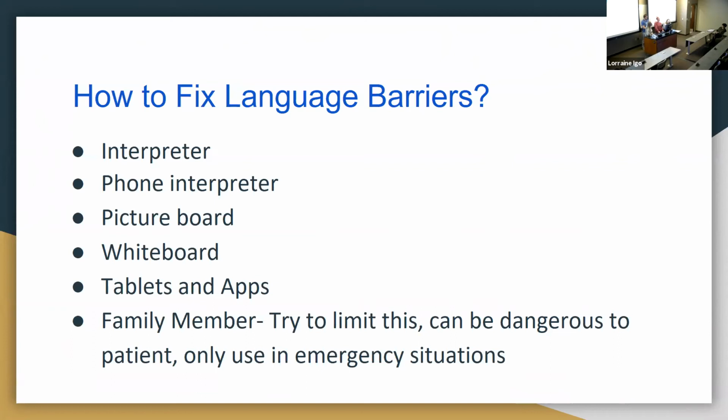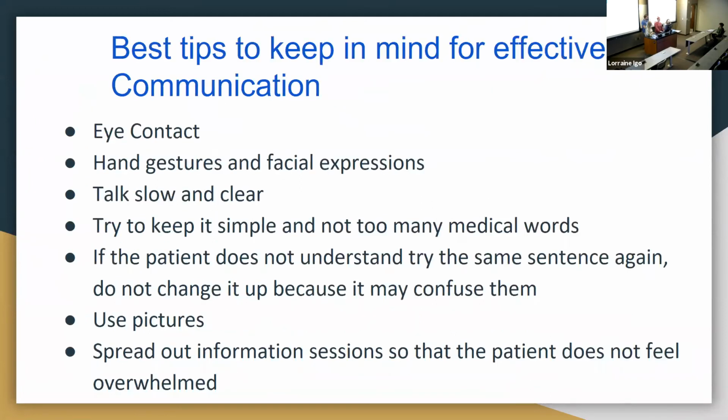A lot of the time, if they have aphasia or they can't speak physically, they'll give them whiteboards or tablets or something like that. And lastly, you could use family members, but you want to try to limit this because there's room for error. Especially in emergency situations, you don't want to rely on a family member. But in a worst case scenario, you can.